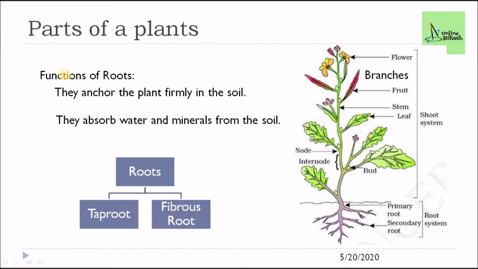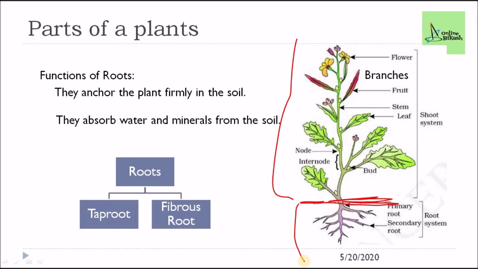The shoot system is the part of the plant that is above the ground. This is the ground. So above the ground, all these parts are called the shoot system, and below the ground there is the root, so we can consider that the root system.